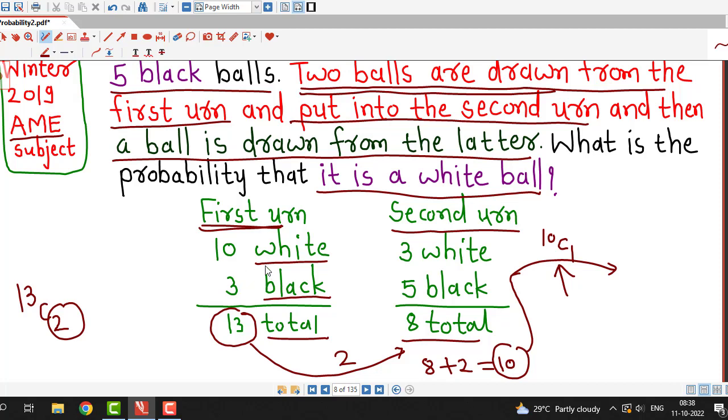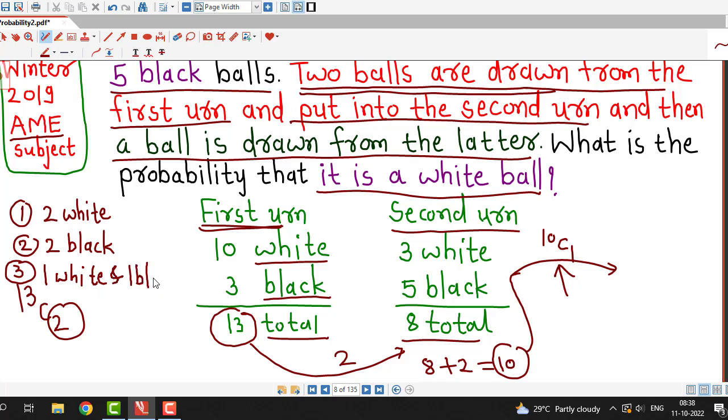And the third possibility is that one ball is white and one ball is black. So there are three different ways of selecting two balls from the first urn: two white balls, two black balls, or one white and one black ball.